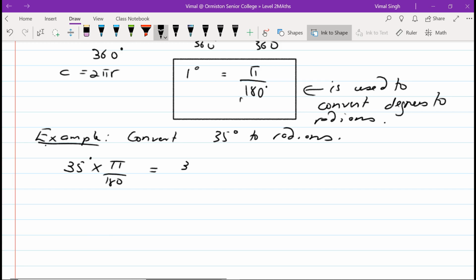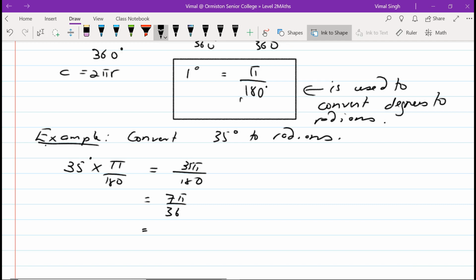So it's going to be 35 pi over 180, and I'm going to leave it as 7 pi over 36. And if you want to put that in decimal, you can do that, but I'll leave it in terms of pi.